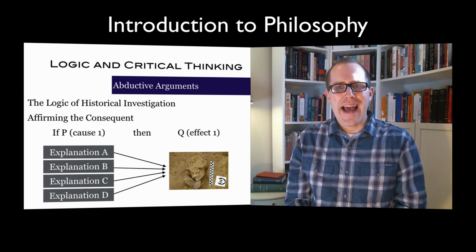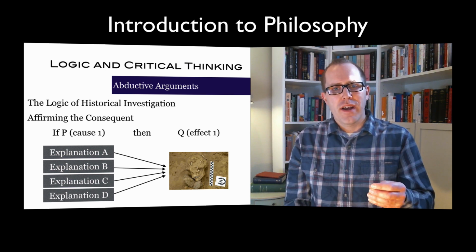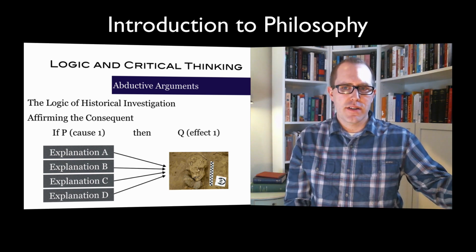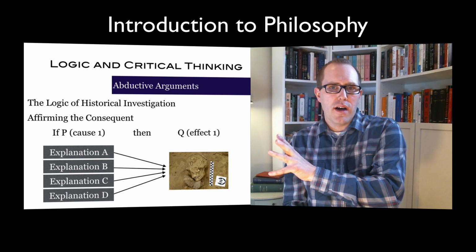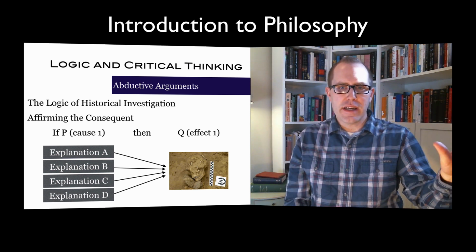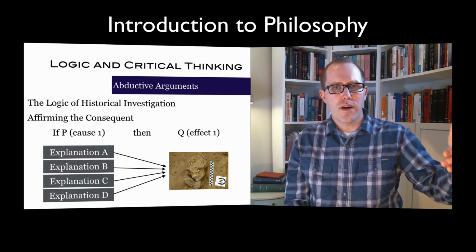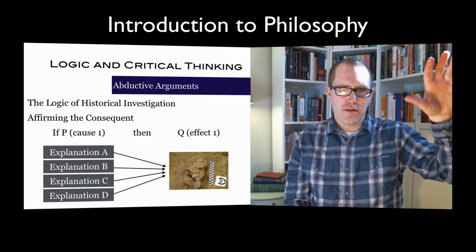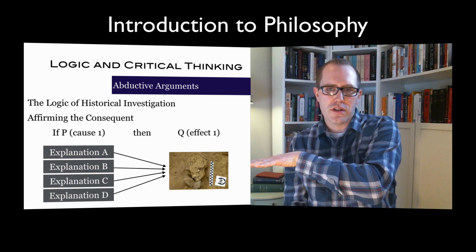When we're using abductive reasoning, we know that there was some cause that brought about the effect in question. So when we are saying "if P," we're saying that there was a cause, or at least any number of causes, that led to the effect in question.